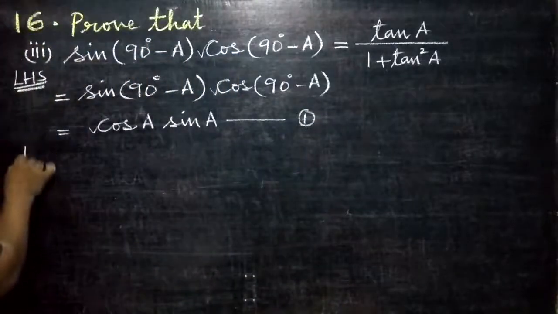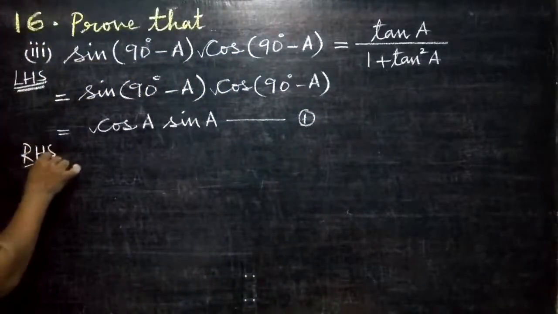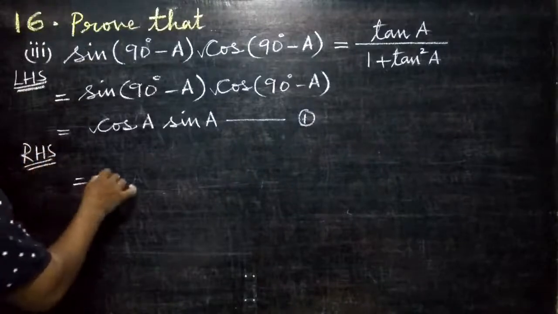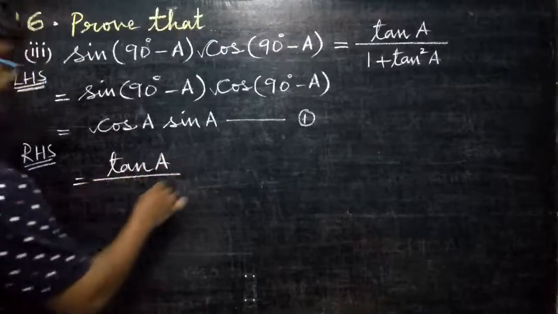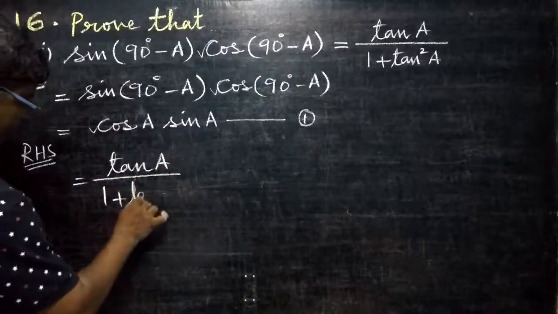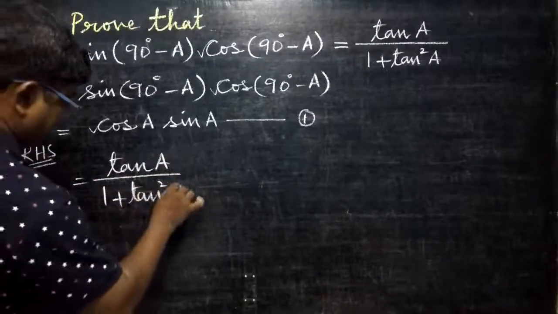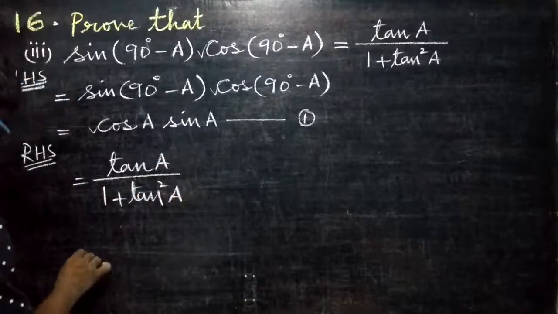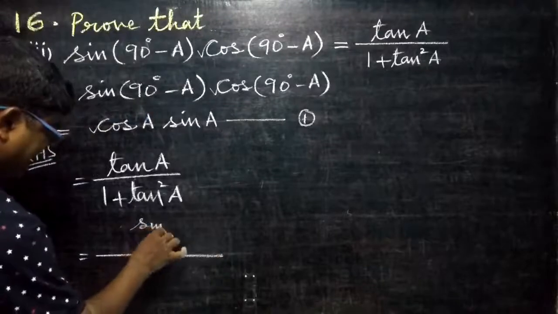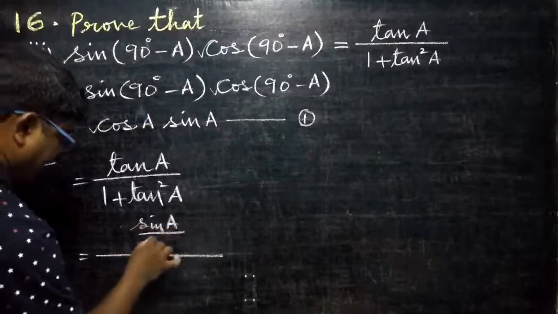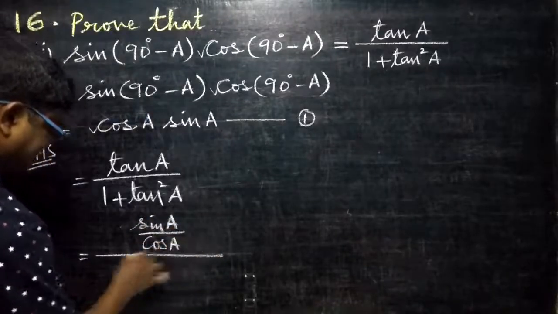Now take RHS. What is RHS? Tan A by 1 plus tan square A. Tan, we know, is sin by cos. So sin A by cos A in the numerator.